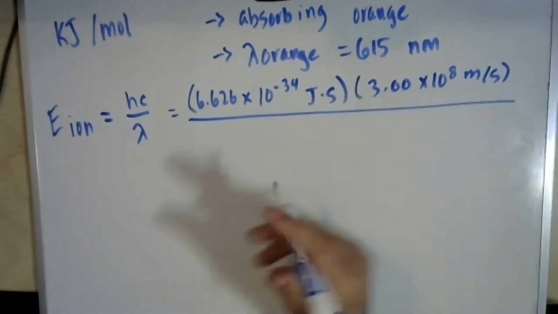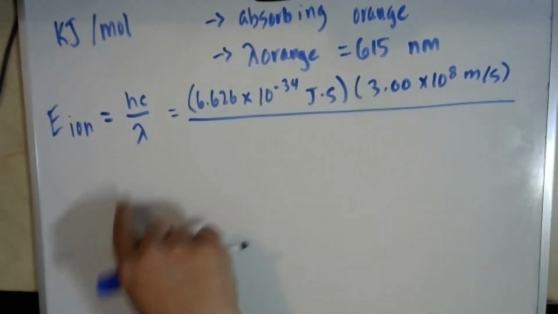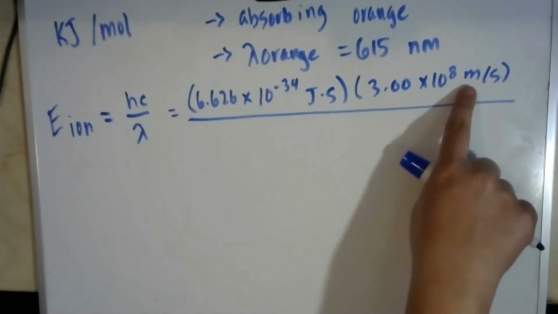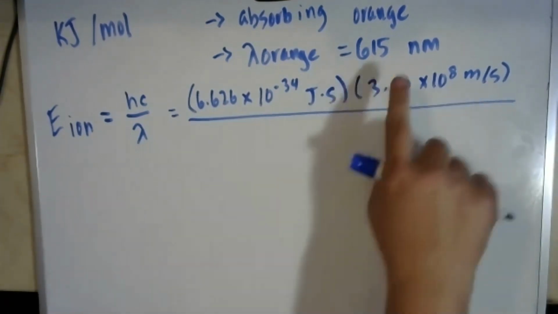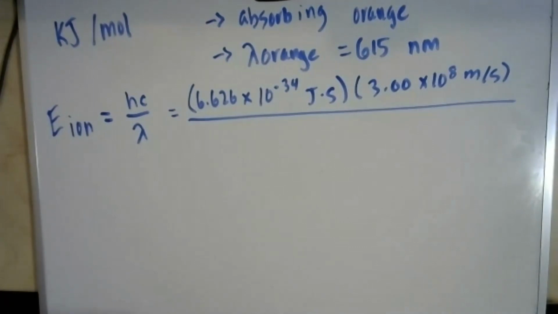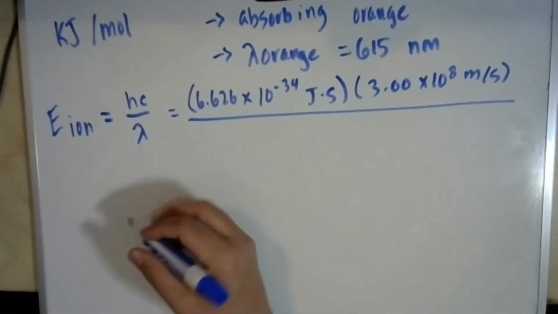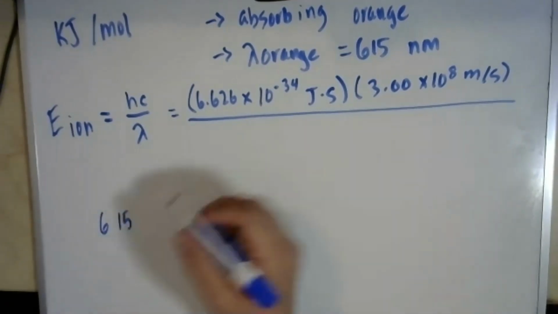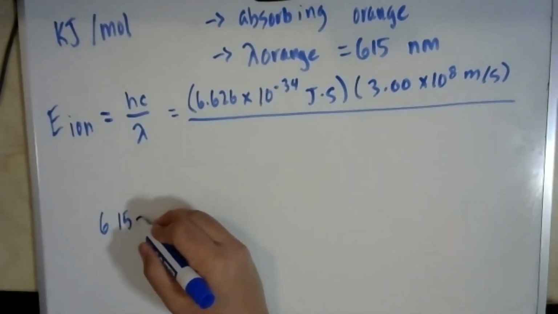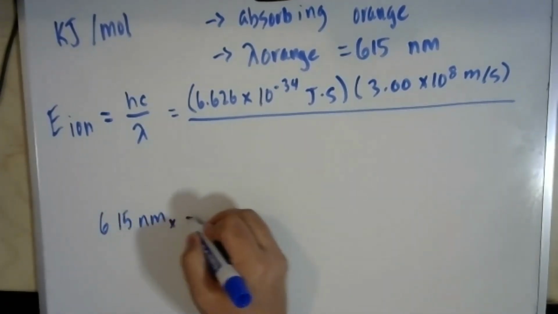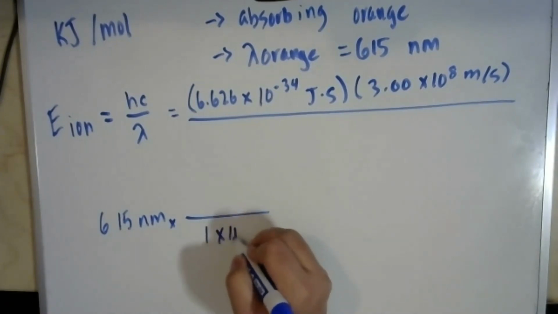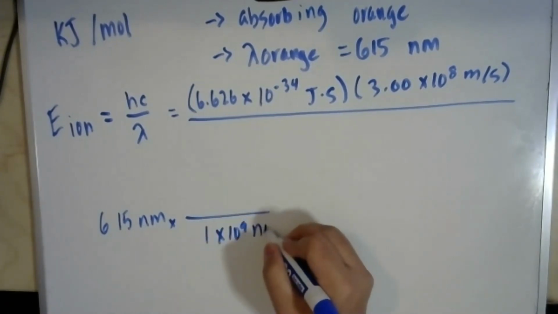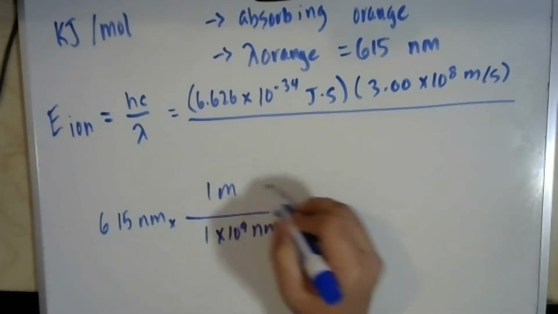And your wavelength, because our speed of light is in terms of meters per second, has to also be in terms of meters. So it might be a good idea, before you plug it into your formula, to convert. If you have 615 nanometers, we know that there are 10 to the 9 nanometers in 1 meter.